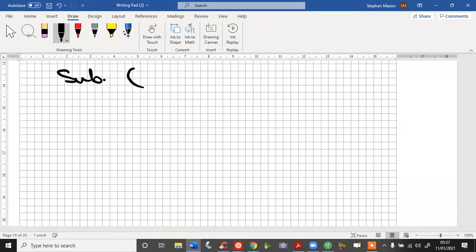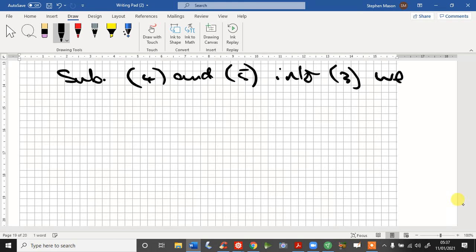Substituting equations 4 and 5 into equation 3, we get a c there.